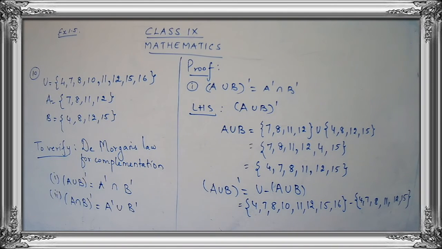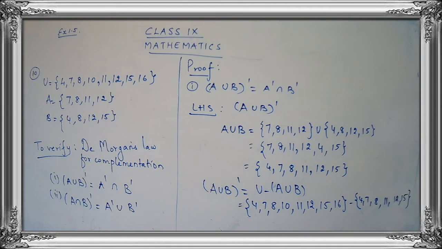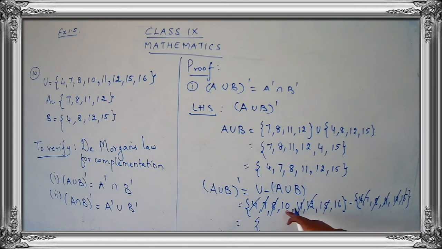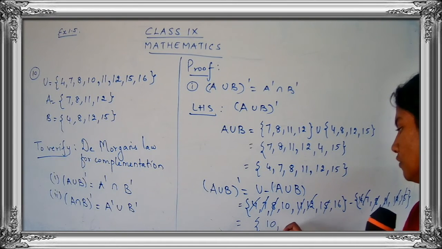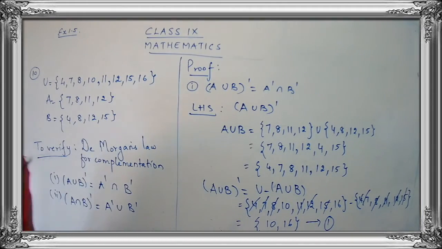So U minus (A union B), that means I want only U. So just cancel the common part first because we are dealing with subtraction. 4, 4, 7, 7, 8, 8, 11, 11, 12, 12, 15, 15. Yes. So what is left? 10 and 16. Take this as number 1. So (A union B)' is 10, 16.